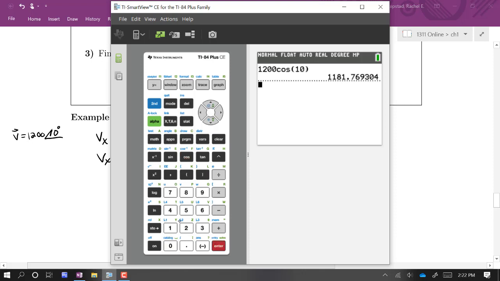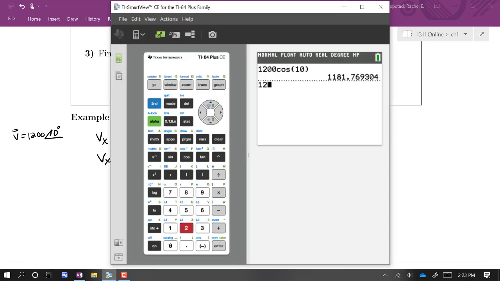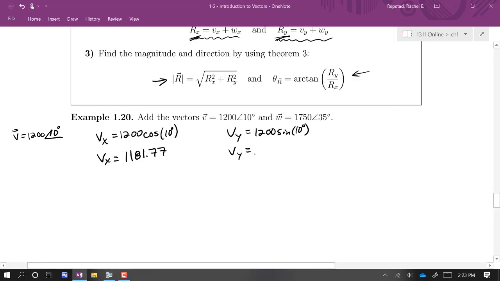That gives 1181.77 for the x component, and for the y component, 208.38.